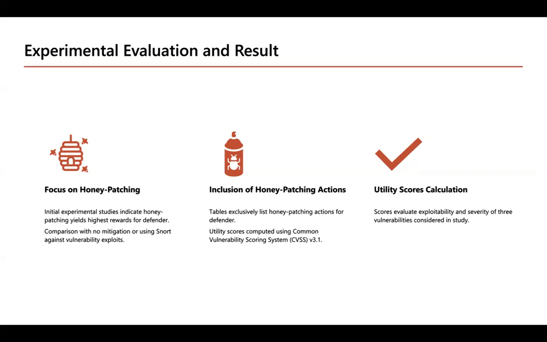As a result, they focused their analysis on scenarios where the defenders opt for honey patching one or more vulnerabilities. These scores evaluated the exploitability and severity of the 3 vulnerabilities considered in the study. The table exclusively lists honey patching actions for defenders, and the utility scores were computed using the Common Vulnerability Scoring System.